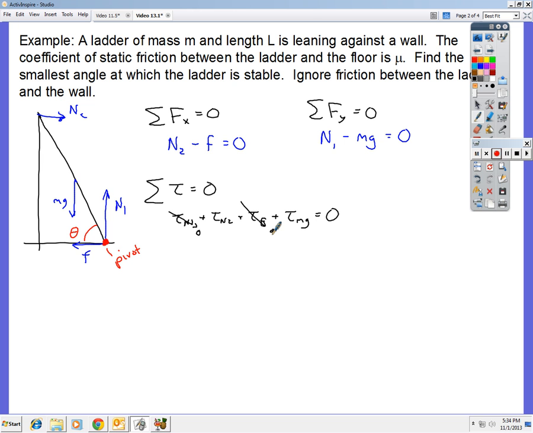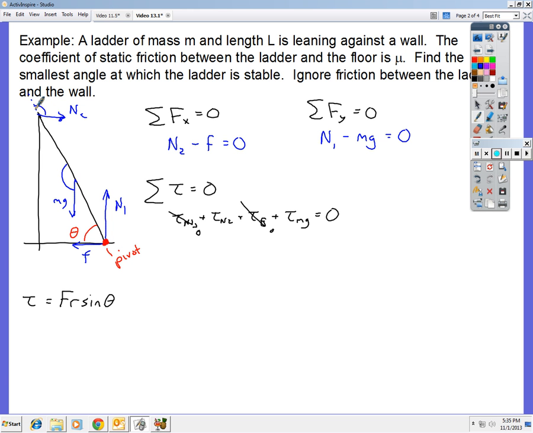Now, if you recall the definition of torque, torque is F r sine theta, where theta is the angle between the r vector and the force in question. So the angles we're interested in are this angle here and that angle there.